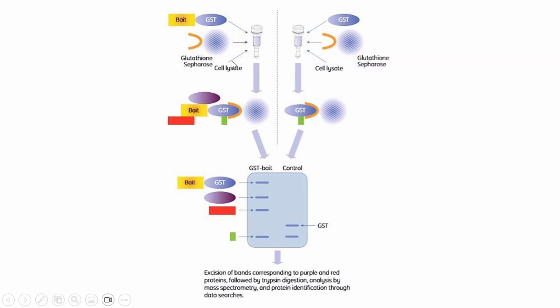Now we can have two types of GST, with the bait, that is the protein of interest. This bait is the protein of interest, and we want to check the other proteins present in the cell lysate, so the cell lysate proteins interacting with this protein of interest.